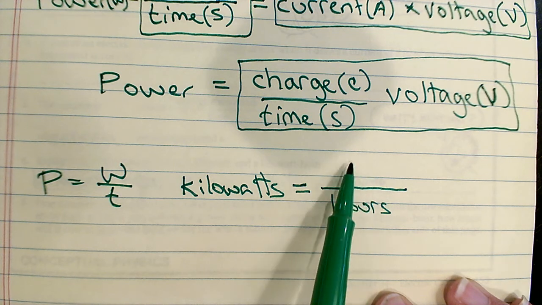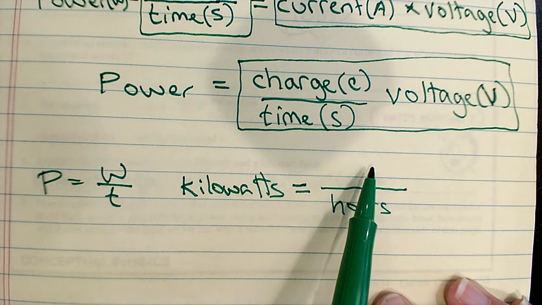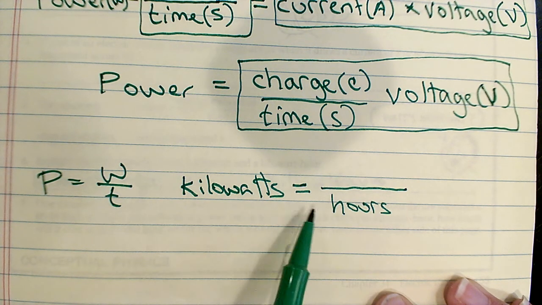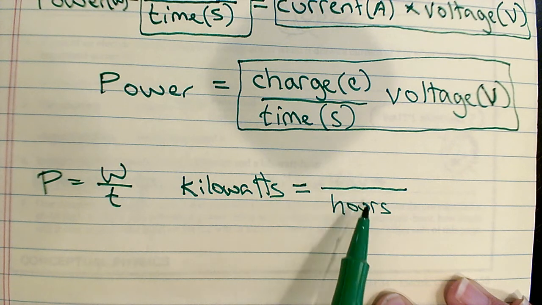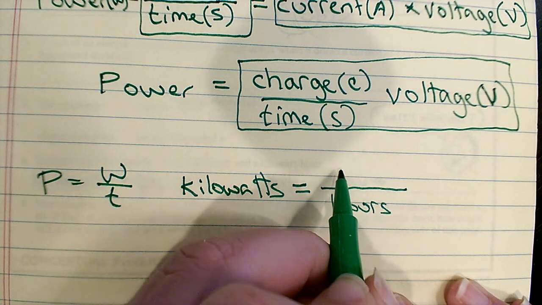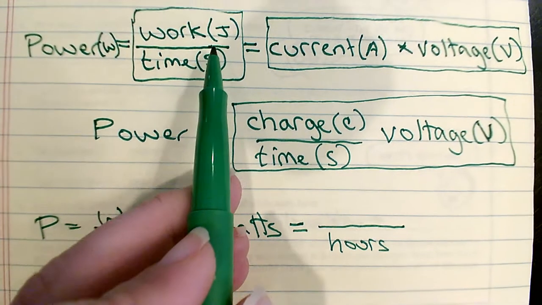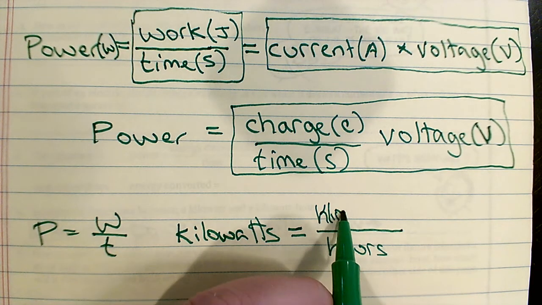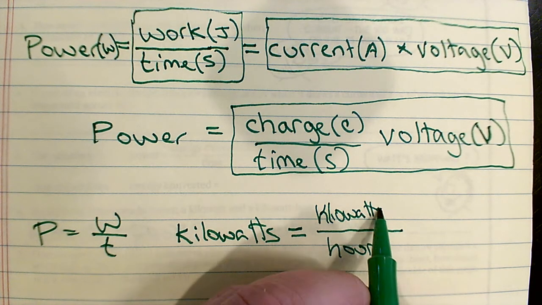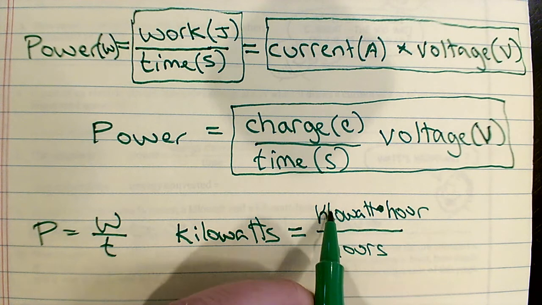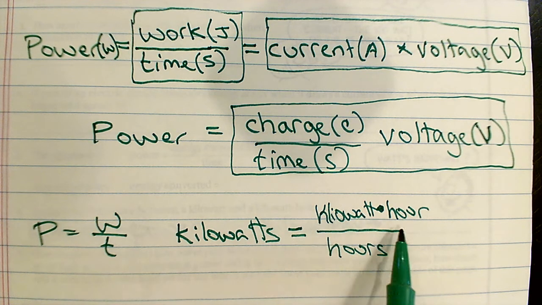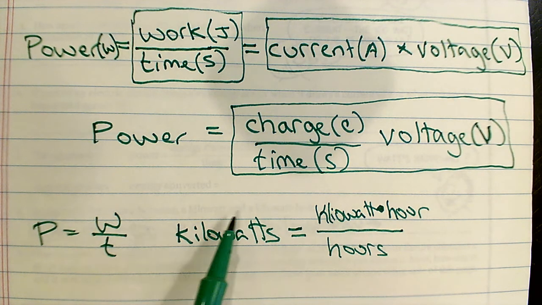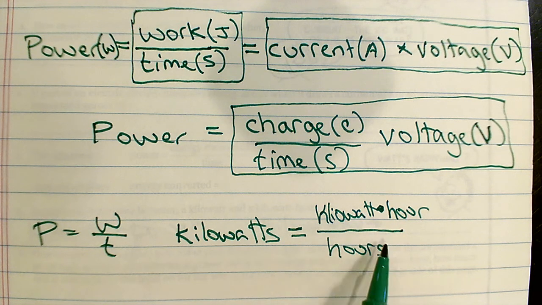If I solved for this unknown thing on the top here, I would take kilowatts times hours, right, because my unknown is divided by hours. So this is a unit of energy, of work done, called the kilowatt hour. You find a kilowatt hour by taking kilowatts of power times hours of use.